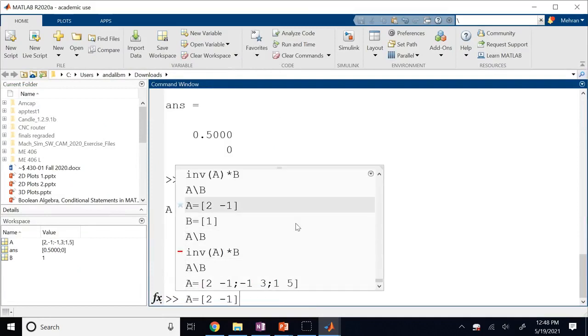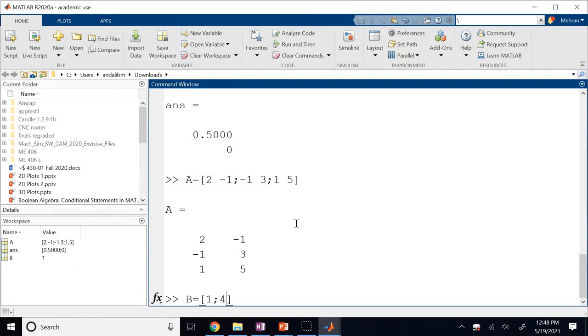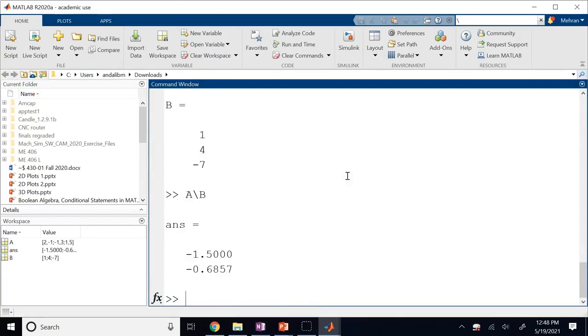And my B, I'm going to add one more column to that, and that is negative 7. And again, I run A backslash B, and you see, again, it gives me something. Negative 1.5 and 0.6857.